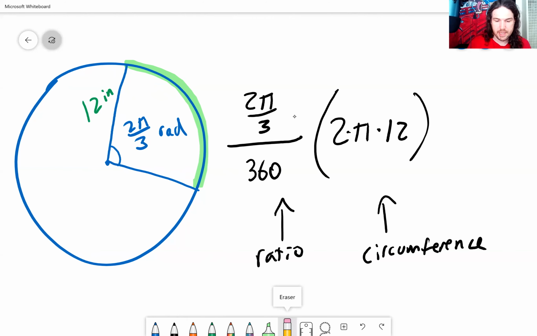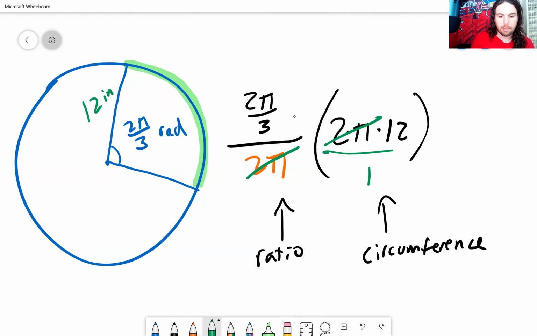But it's not 360 anymore because we're using radians and not degrees. So we're dividing by instead 2 pi. And the reason that we did that, and the reason that we chose 2 pi as the total angle in a circle, is because now we have 2 pi on the top and 2 pi on the bottom, and they just cancel.